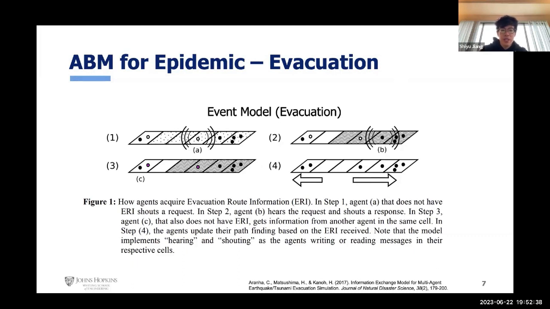But at the same time, the agents cannot just know where to evacuate, so they need to inform each other among the population. In this figure, when agent A does not know where to go to evacuate, he will shout out and spread his information. And if B hears it and already knows where to go to evacuate, he will shout back. So it's like the exchange of information among the system.